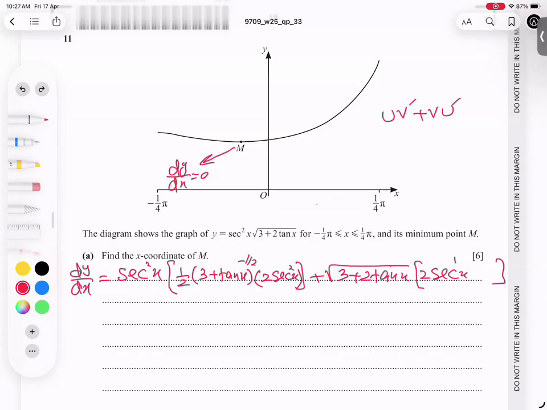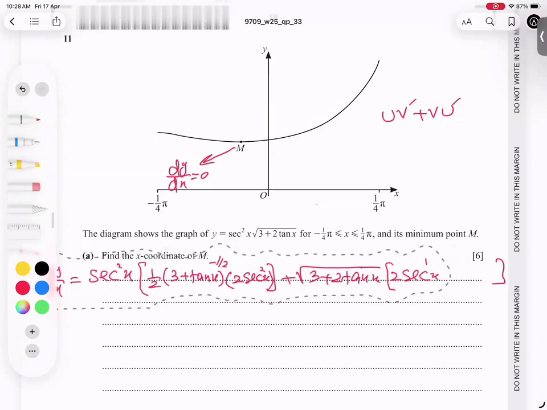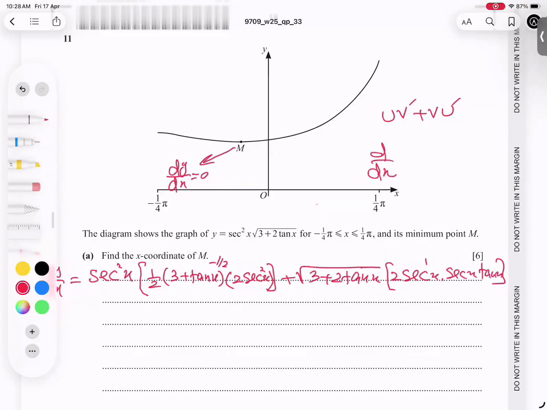So I'm writing here secant and tan. Once again, repeat: the differentiation of secant available in the formula sheet is secant into tan.